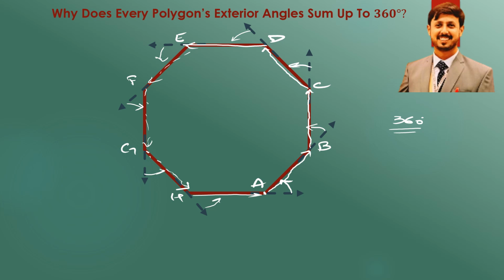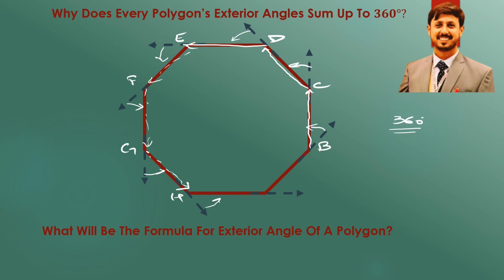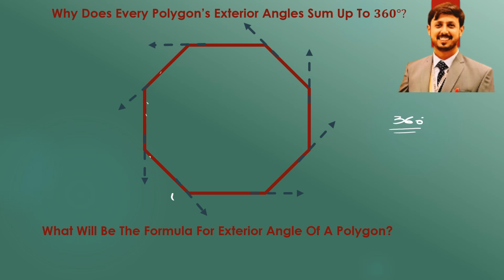Now here is another problem: what will be the formula for the exterior angle of a polygon? We know how to calculate the interior angle of a polygon. For example, I'm writing these to understand this concept. The formula is (n minus 2) times 180 degrees.